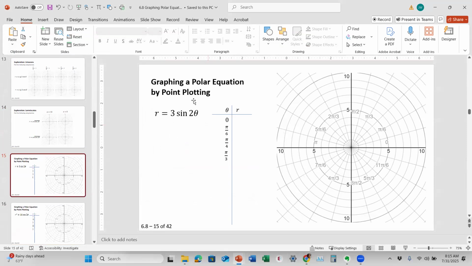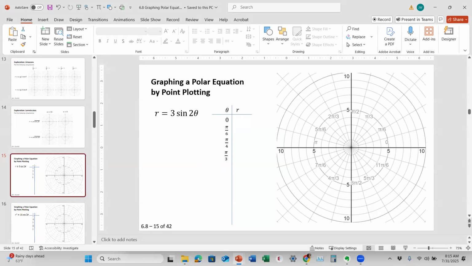Okay, what do you think this is going to look like? How many petals? This two is even? And how far out are those petals going to go from the center? Three. Exactly right. So four of those, and one of the petals, let's see what this is going to look like here.